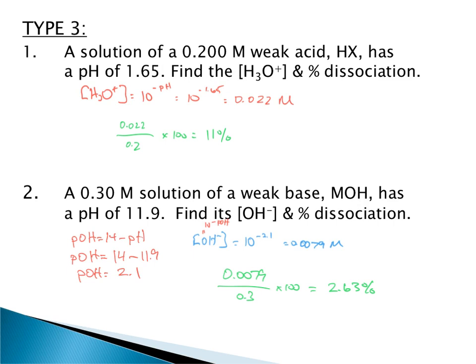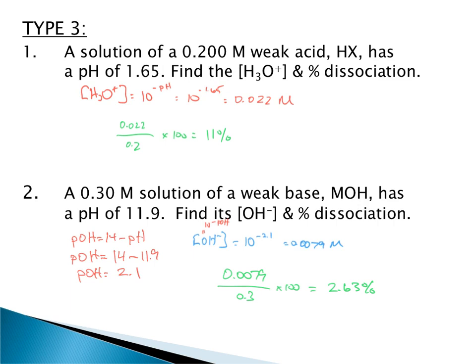So just to retrace our steps here for this question, we were given the pH, and because we're talking about a base, we're going to want to find the hydroxide ion concentration. So we found the pOH by subtracting the pH from 14. Then we used the idea that the hydroxide ion concentration is 10 to the exponent minus pOH.